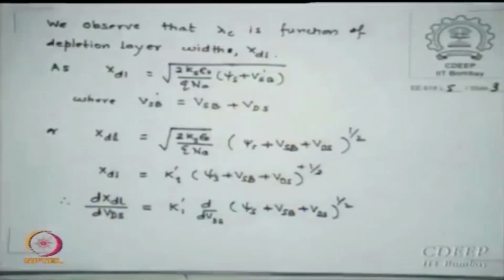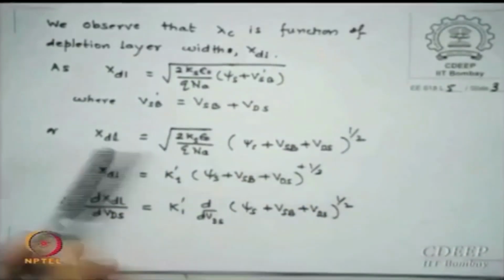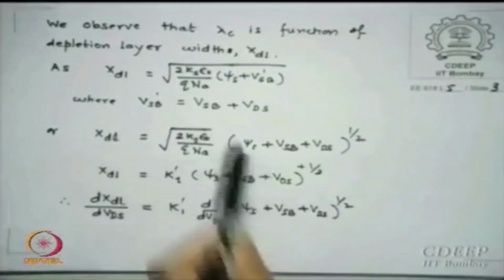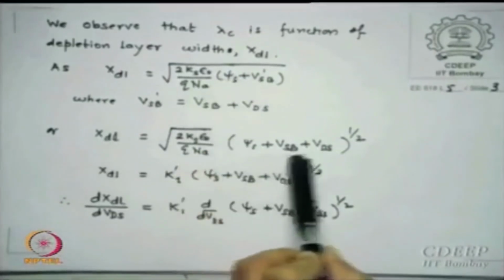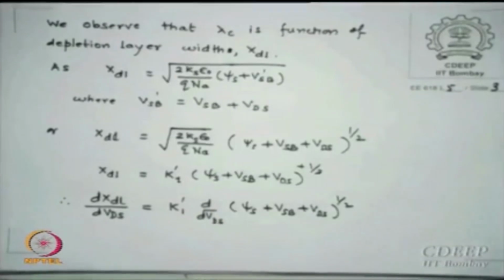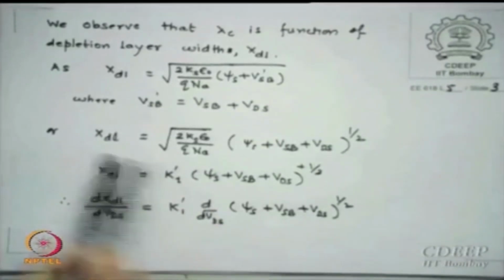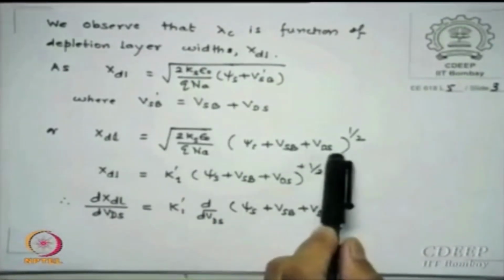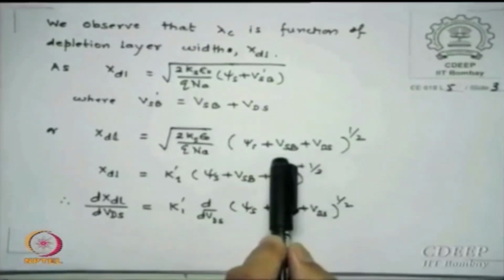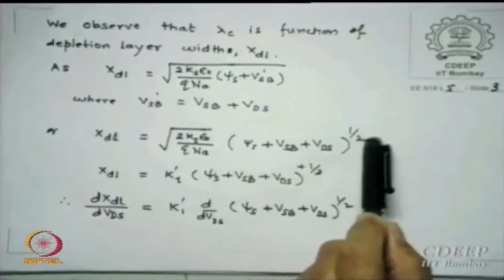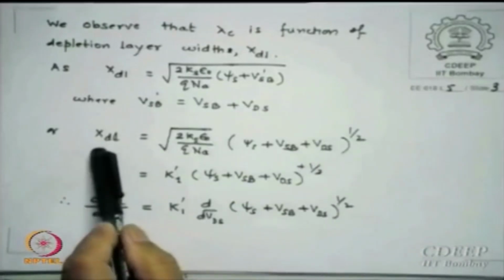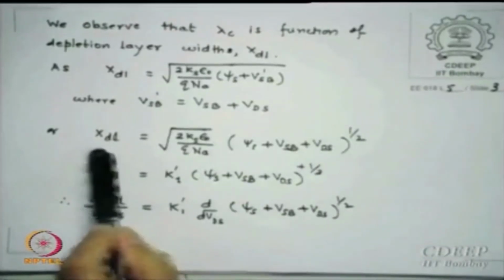So the net substrate bias is equivalent to VSB plus VDS. If I substitute now in my XDL expression, psi s plus VSB plus VDS, a larger value of this will appear, and obviously the larger the VDS or the larger the VSB, even if it is a root, XDL will enhance.